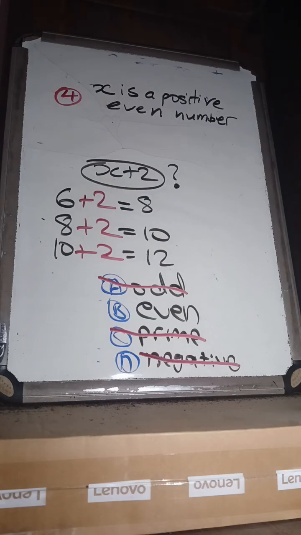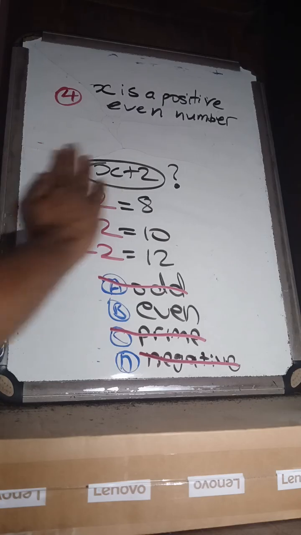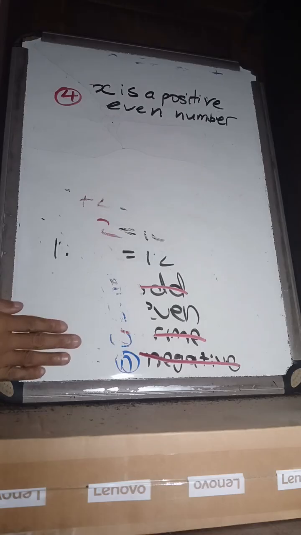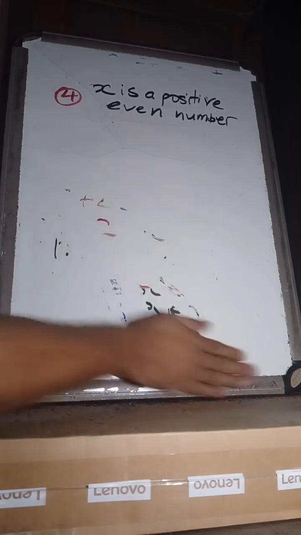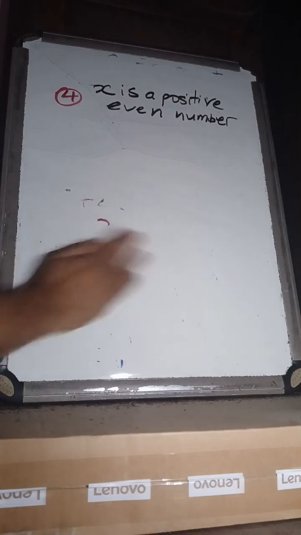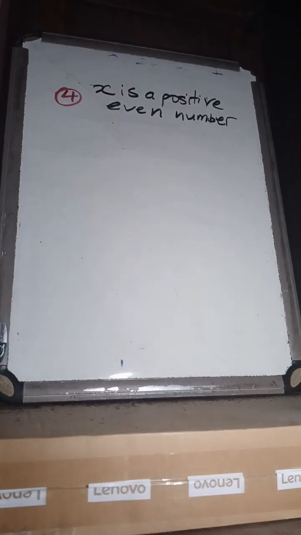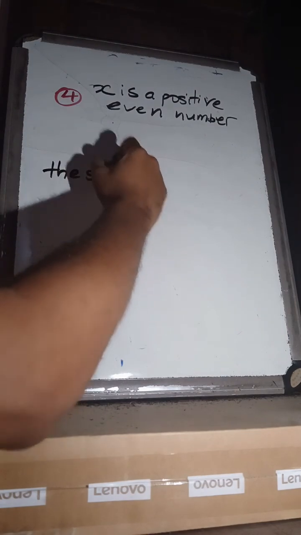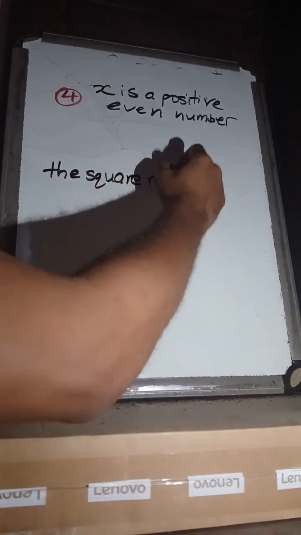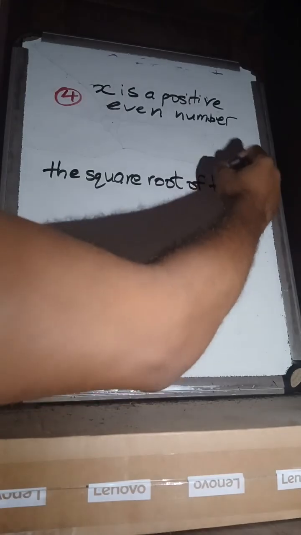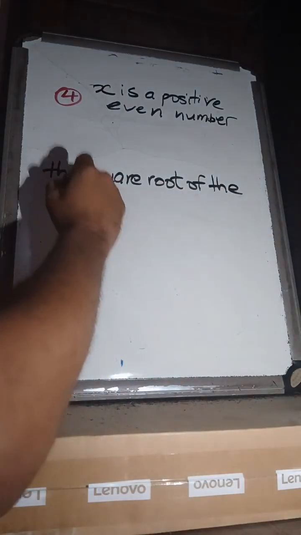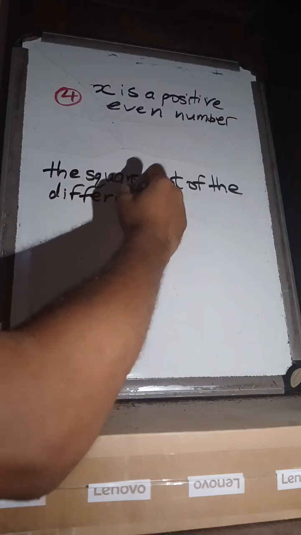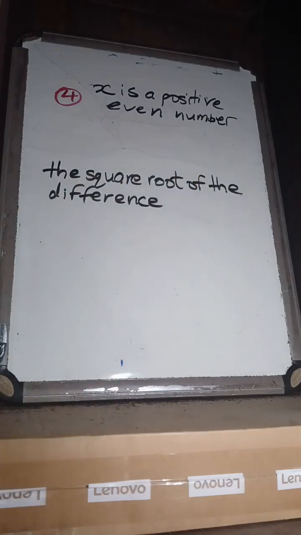This one is very wordy, right? Now I forgot, which number is this? Alright, that's number 3. It's very, very wordy. The square root of the difference of their squares.